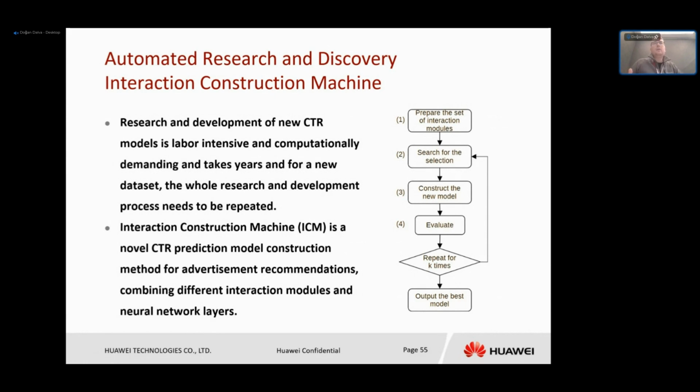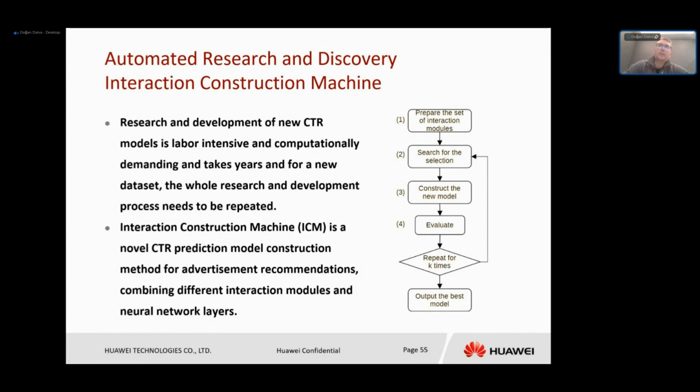Given a selection, the ICM constructs a new model, evaluates it on the development set, repeats this k times, and then outputs the best model. It's an architecture search machine. These are called neural architecture search machines, and it's part of this category, neural architecture search.